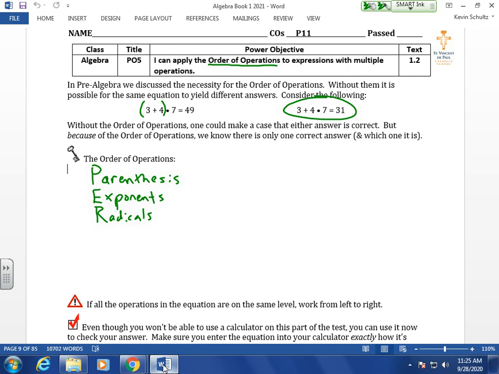And then M for multiplication, D for division, A for addition, and S for subtraction. Okay. PERMDAS.